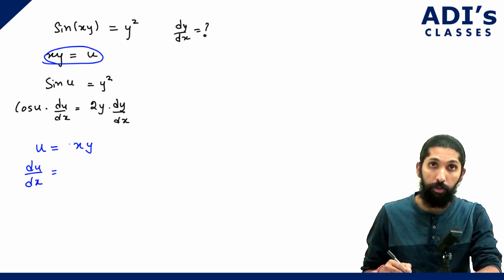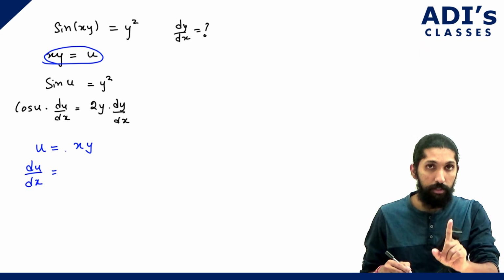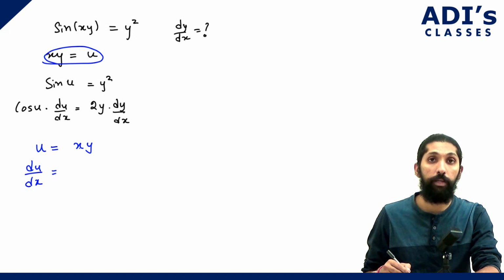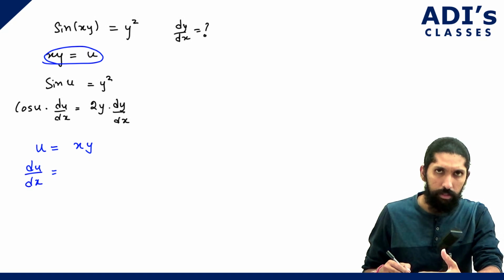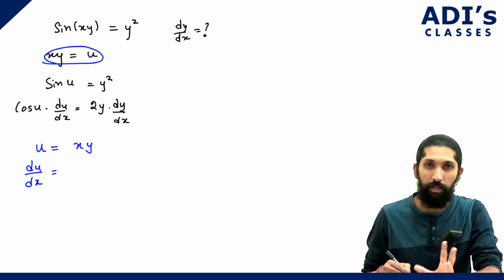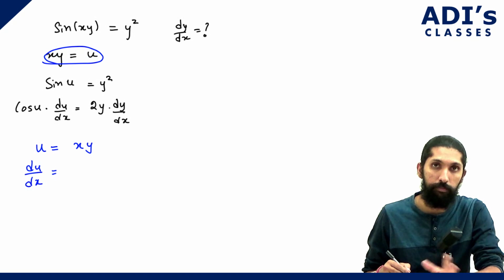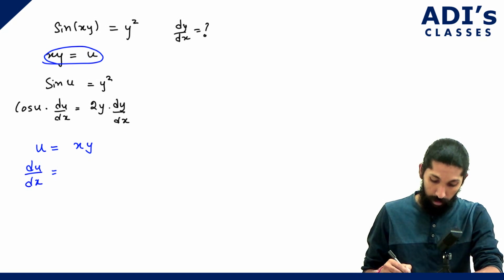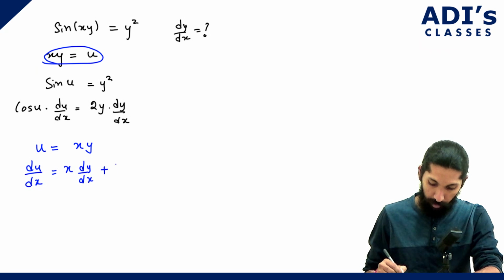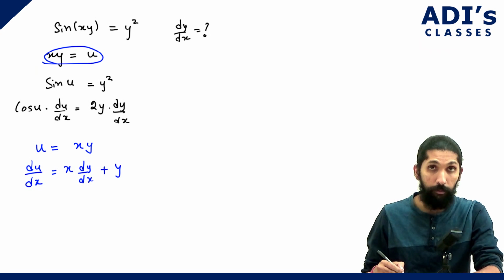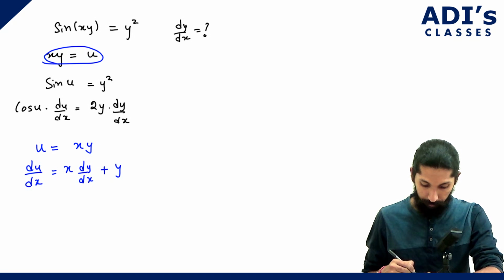So if you use product rule, the first, that is x value, will remain constant and you can differentiate y, or you can just differentiate x, keep y constant. I mean, it doesn't make much of a difference. Anyway, it's positive. I mean, and it's commutative. So x, I'll keep it constant. Then x into dy by dx plus y. Derivative of x is 1, so plus y.